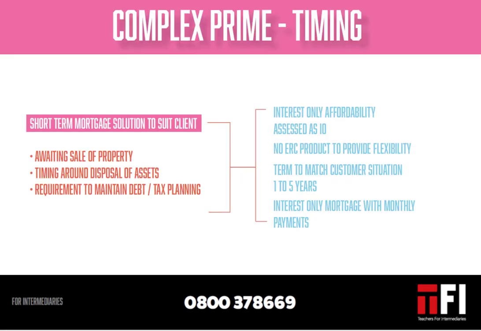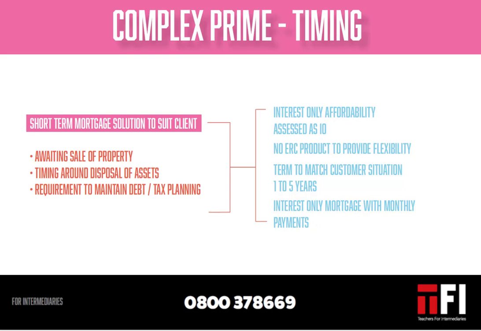Moving on to timing. What we're covering here is effectively an alternative to bridging lending. We can do maybe a 1 to 5 year mortgage term. Interest only is available. We can take a variation of repayment vehicles. It may be the sale of the property itself.